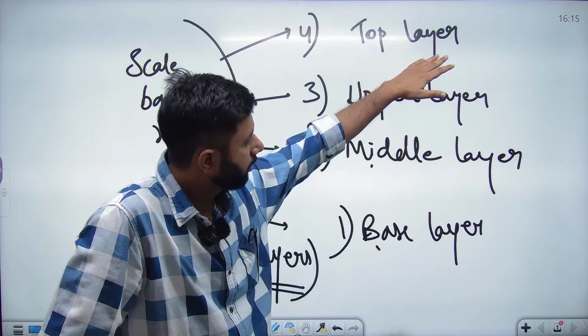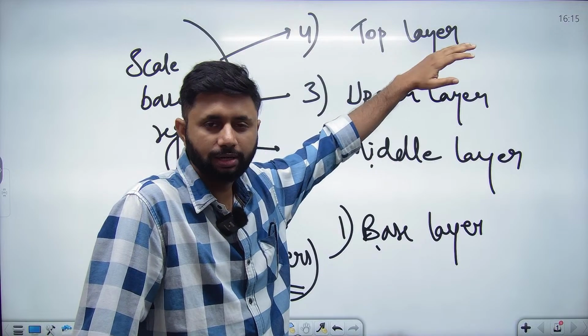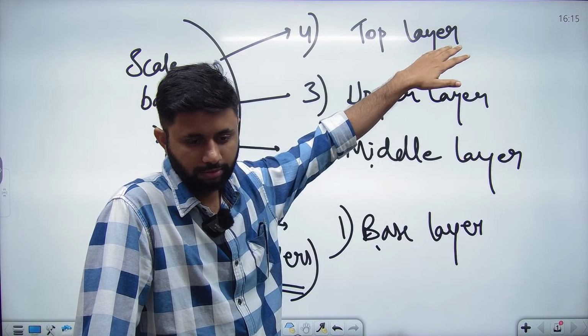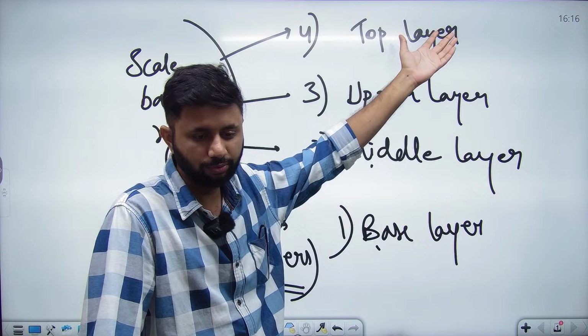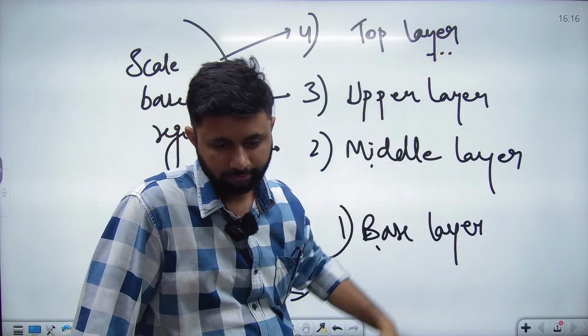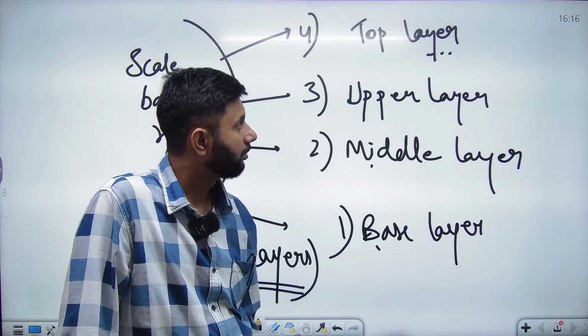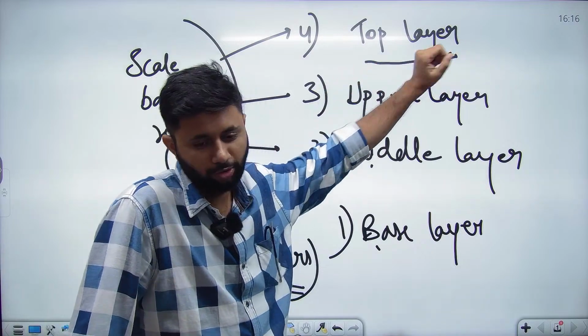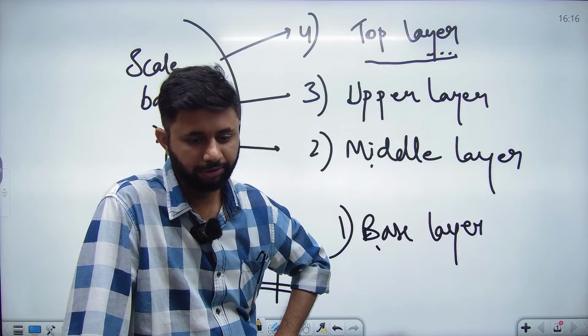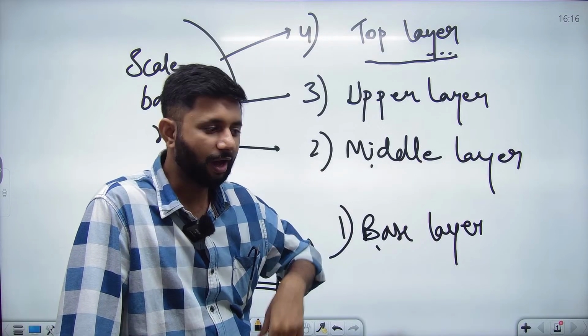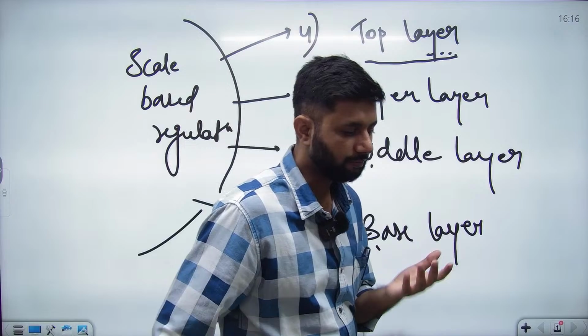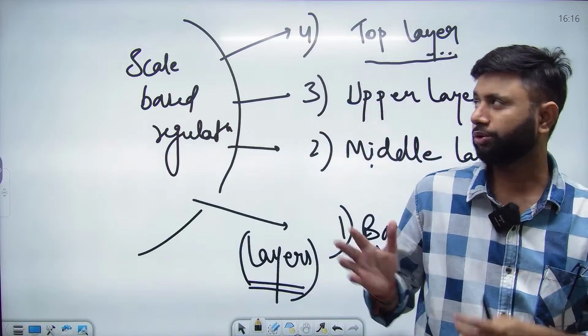In the top layer, how many NBFCs do you think there are? What is RBI proposing in this context?